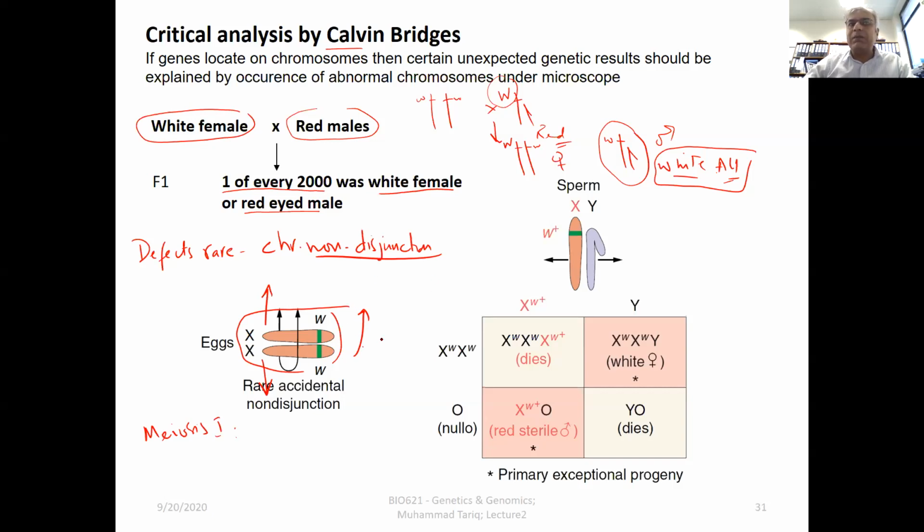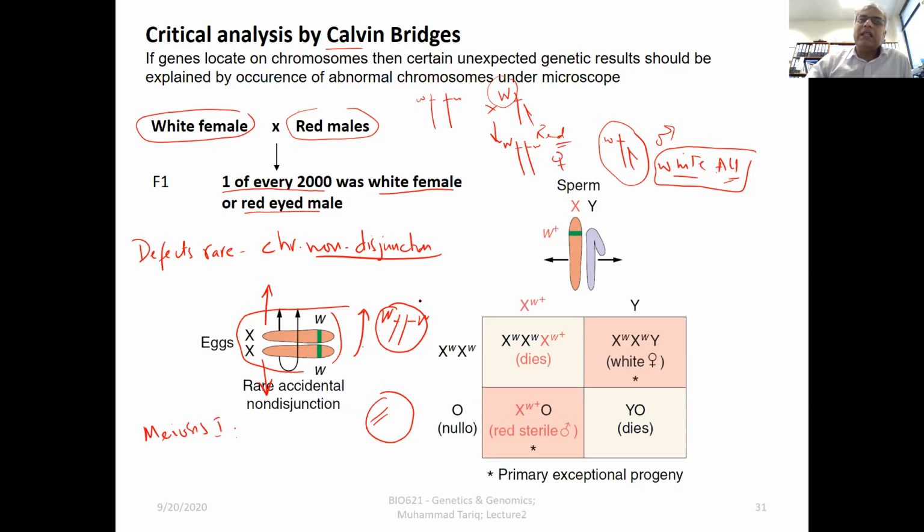They end up in the same gamete, and after meiosis 1, one gamete is now capital W, and the other gamete is lacking the X chromosome. The other 2 chromosomes are there, but the X chromosome is not present because the homologs did not separate. They both went to the same gamete.